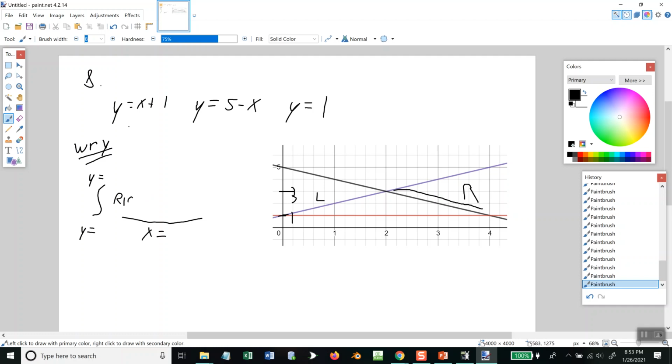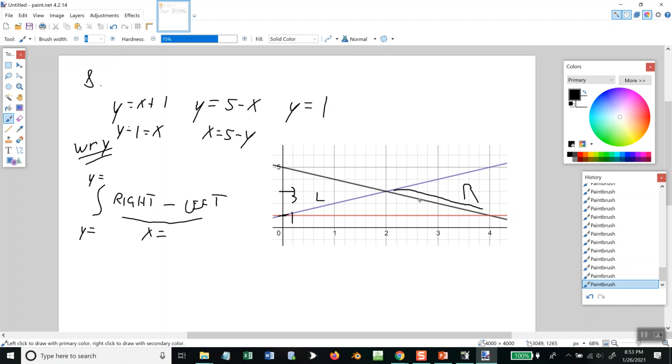So right minus left. Now they do have to be solved for x, so I'll do that first. This one right here, if I take the 1 over, I get this. Take that over there, take this over there, I get x equals 5 minus y.